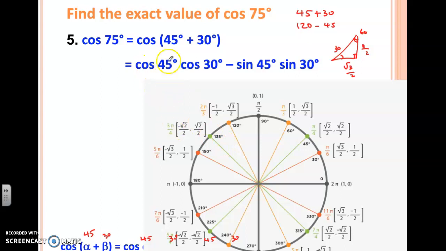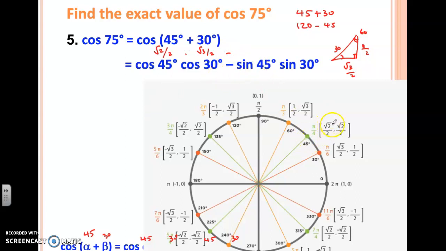Let's go. Cosine of 45. Here's my 45. My cosine is the x value, which is square root 2 over 2. My sine is the second value. Cosine of 30, let's come to 30. Cosine is the first value, so square root 3 over 2. So I'm multiplying those two. Minus sine of 45.